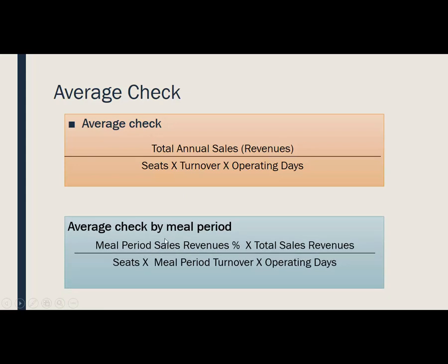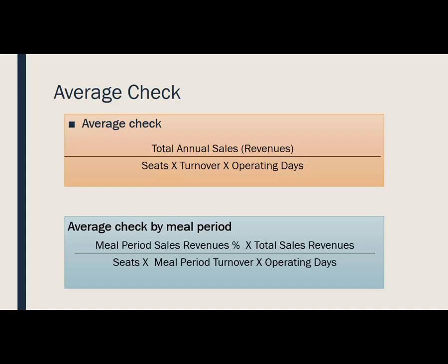And then we have an average check by meal period. So meal period sales percentage revenue. In this case, we're going to break it down by the different meal periods the restaurant offers. So breakfast, lunch, and dinner. Each meal period is going to have a different percentage of sales that it brings in. It's also going to have a different type of turnover.